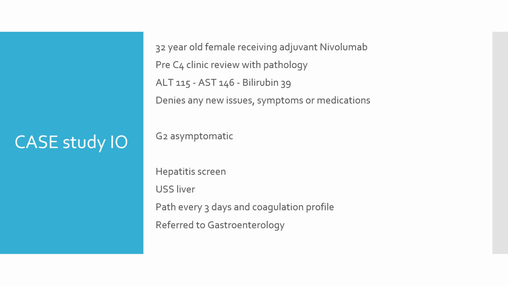So we had held treatment until we got the hepatitis screen and the first set of path back. Now, the ultrasound was negative. There was nothing to be found, no metastatic disease, no inflammation, no fatty liver, nothing. The hepatitis screen also was negative. She was put on the wait list for gastro because obviously they have a really long wait list.